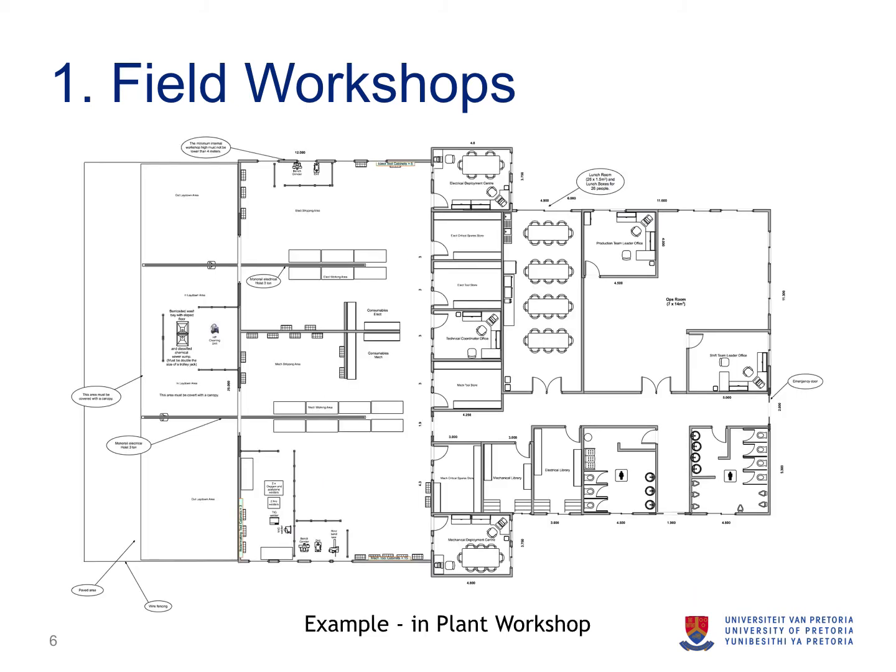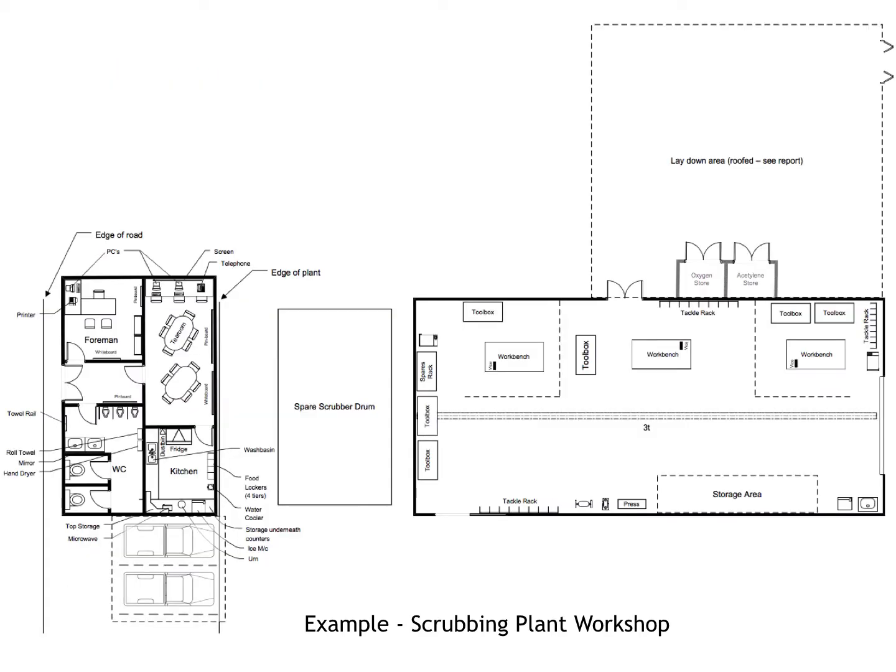Here we have an example of an in-plant workshop that we designed for Swakop Uranium during a full logistical design of their plant maintenance. And here we have an example of a workshop design that we did for the De Beers Venetia diamond mine at Musina.